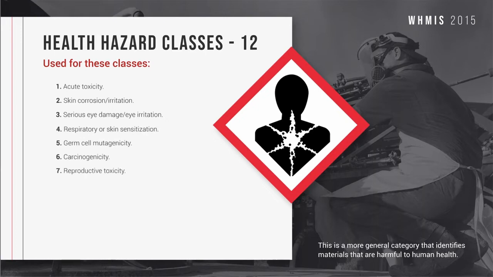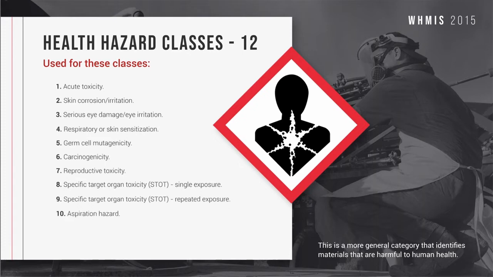Reproductive toxicity. 8. Specific target organ toxicity or STOT, single exposure. 9. Specific target organ toxicity or STOT for repeated exposure. 10. Aspiration hazard. 11. Biohazardous infectious. 12. Health hazards not otherwise classified.